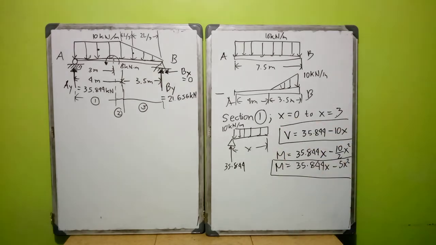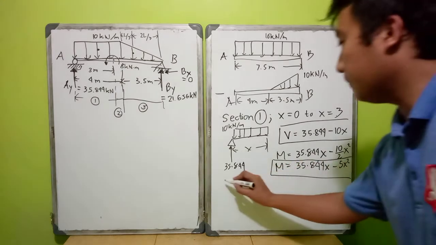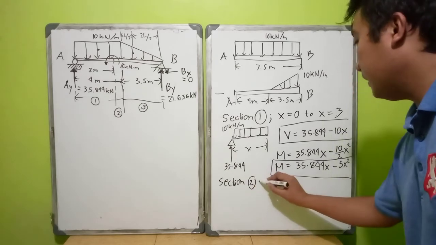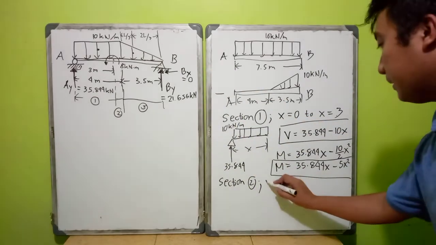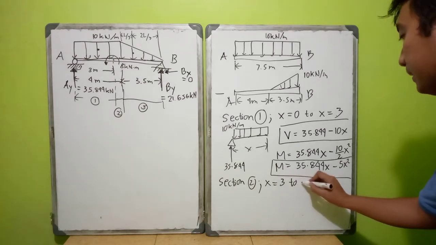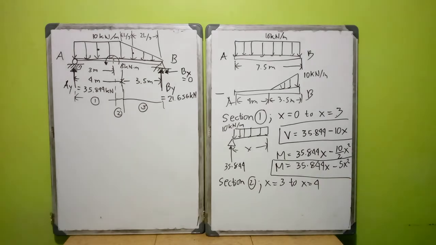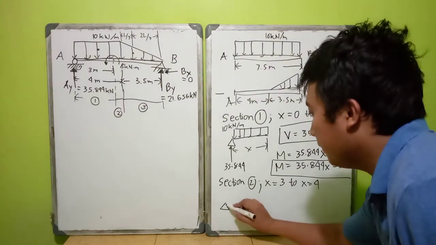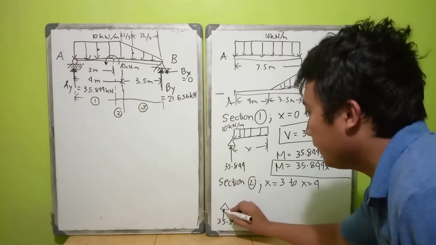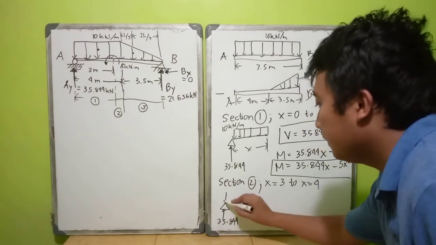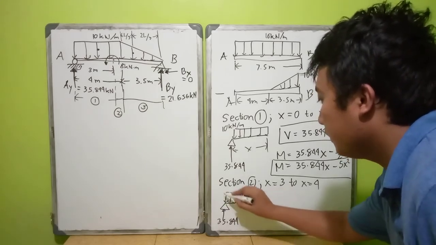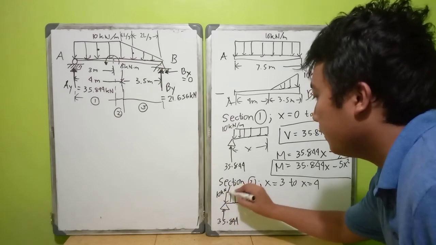And then we have section 2. So here, x is equal to 3 to x is equal to 4. Here we have a vertical point load of 35.844, and then we have a distributed load of 10 kilonewton per meter.